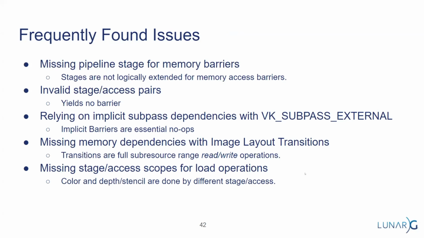All right, it shouldn't surprise anyone that we found errors. We have found synchronization errors in every piece of code we have ever tested the synchronization validation against. So the fact that we find it in Vulkan samples isn't surprising.